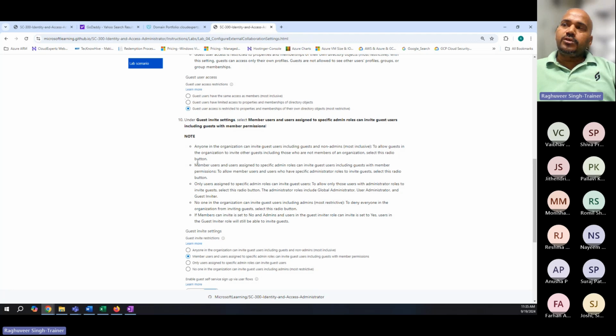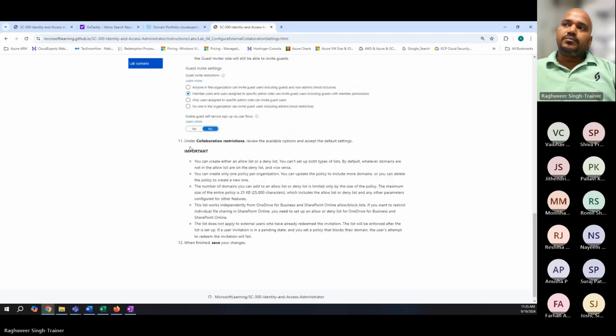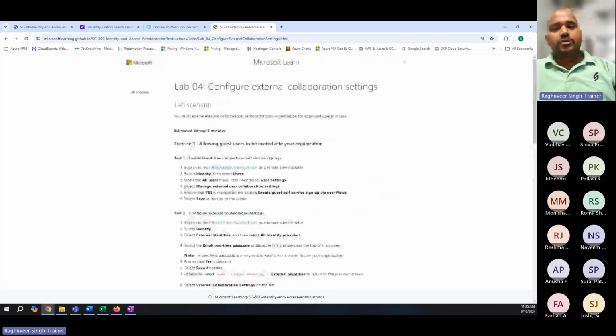For each option, they are giving the meaning, explaining what it basically means, and collaboration restrictions. So that's exactly what this lab is all about, wherein it is more about understanding what are my administrative settings as admin, because these kinds of settings are restricted to global admins or security admins.